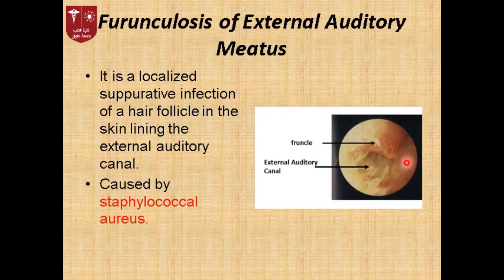As we earlier mentioned in the anatomy lecture, the outer 1/3 is the one that has the hair follicles, the sebaceous glands and the ceruminous glands. So furunculosis will always occur in the outer 1/3 of the external auditory canal. The causative organism is Staphylococcus aureus.